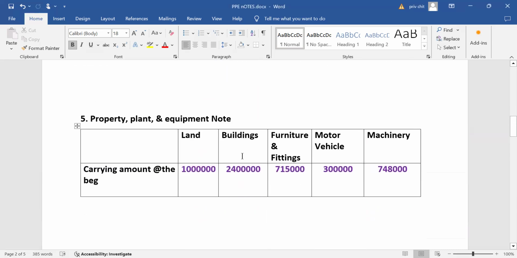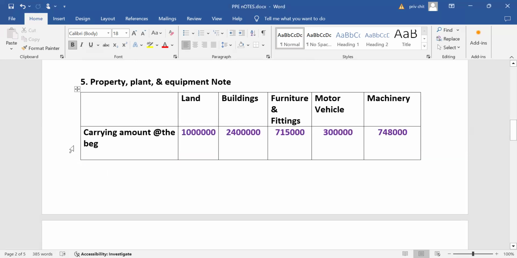But essentially, for format purposes, in your property, plant and equipment note, which is usually note number 5, all right, on the columns there, that's where you indicate the names or the titles of the assets that the company has that fall within the group of property, plant, and equipment.